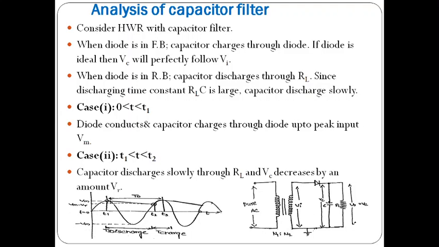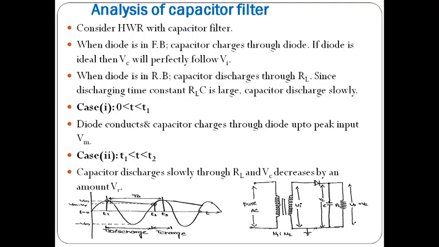As an engineer, I do not want immediate discharge, so I increase the time constant. RL times C, the discharging time constant, must be a high value.